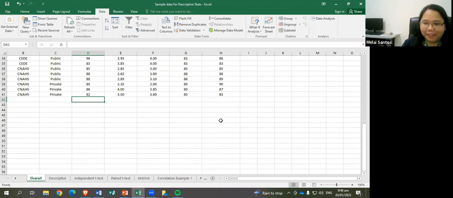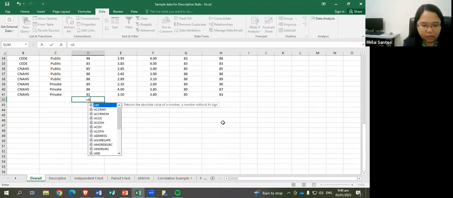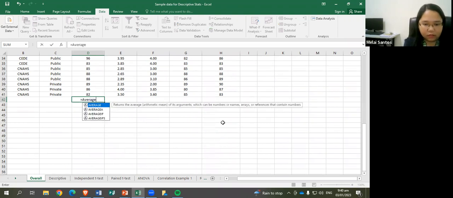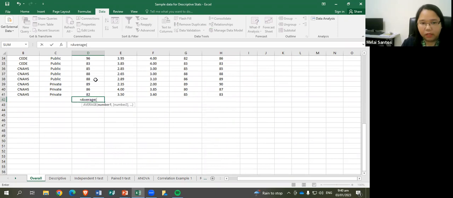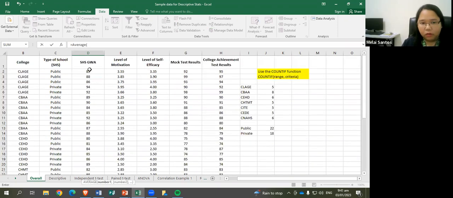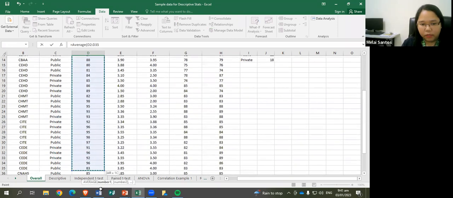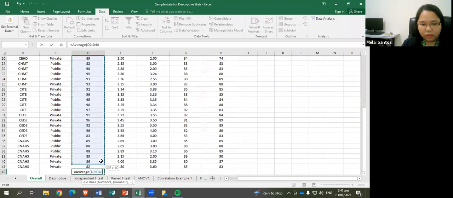Thank you everyone for answering. We can use the average function, equals average, then just highlight them all. That's it.